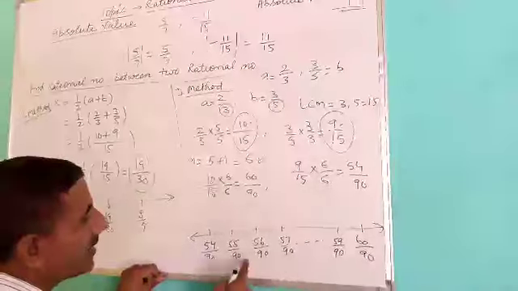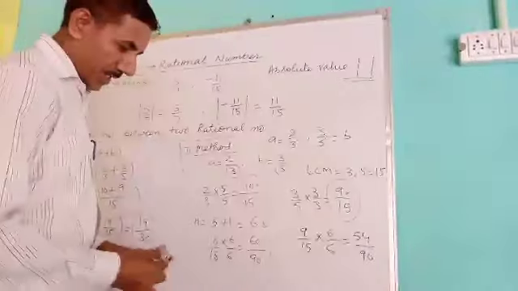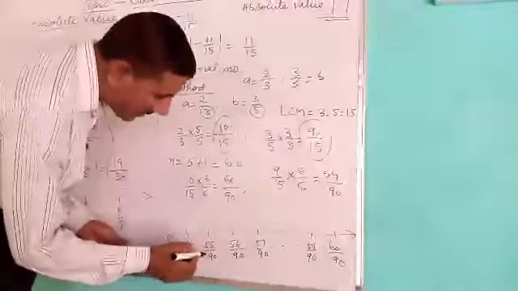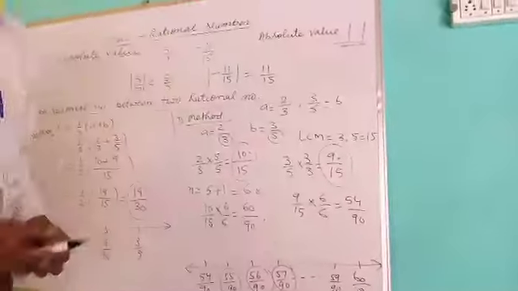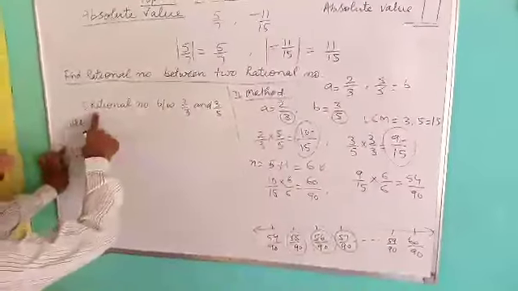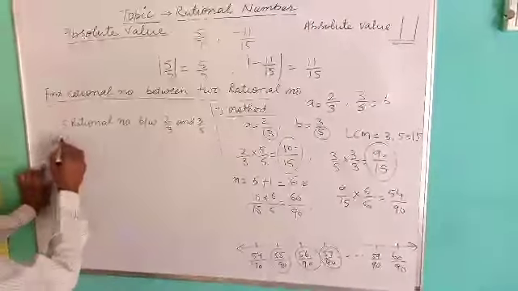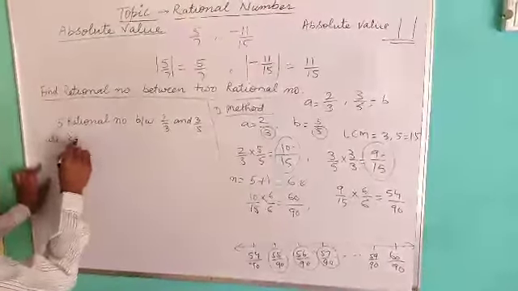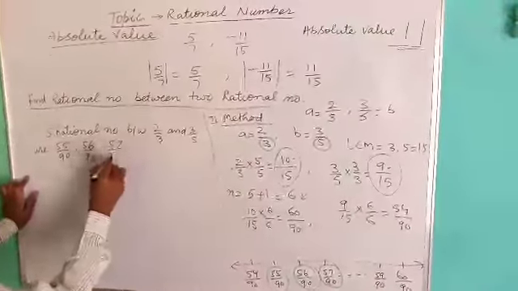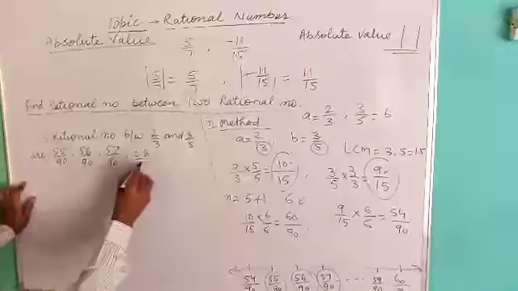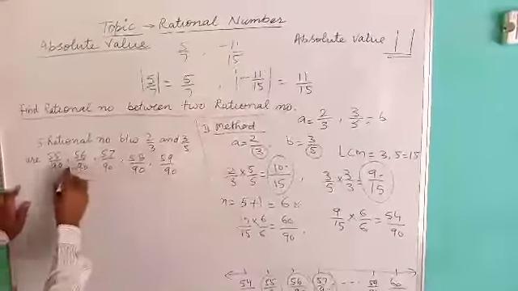So you have seen 1, 2, 3, 4, 5, 6 and so on, 59 upon 90. You select 5 numbers between these numbers, and now you can write here the 5 rational numbers between 2 by 3 and 3 by 5 are 55 upon 90, 56 upon 90, 57 upon 90, 58 upon 90, and 59 upon 90. 1, 2, 3, 4 and 5.